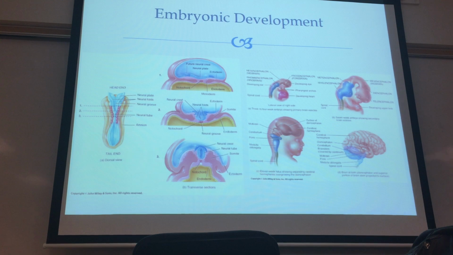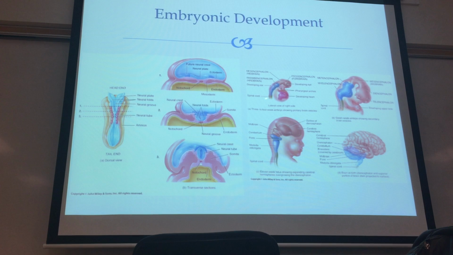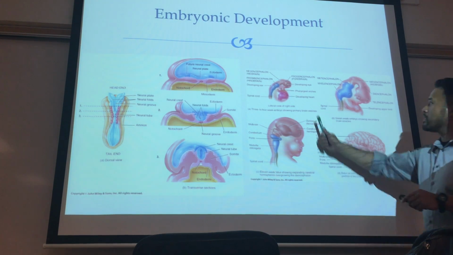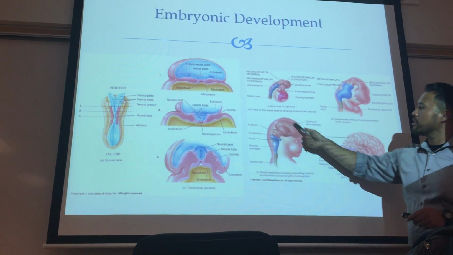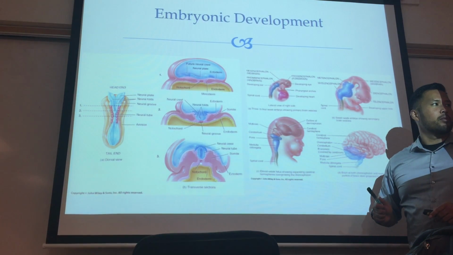And what we're looking at is a regional specialization. We'll start to see an area that becomes the spinal cord, which is the tail end, and we start to see what's called the telencephalon, the front area, which is the head end. And as you notice, as you take a look at that embryo, you'll see in the book that one area, called the forebrain, or the telencephalon, will start to develop much faster than the rest of that tube.